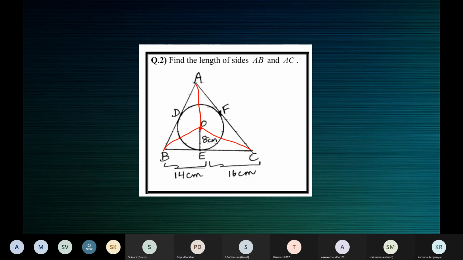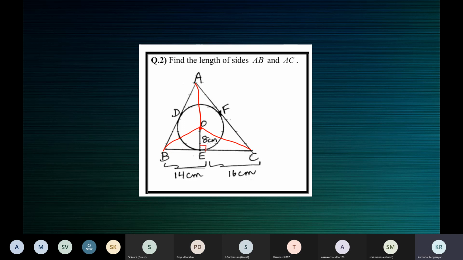OE, ma'am. But it's not 90 degrees. No, how can you say that it's the altitude? It's not perpendicular to BC. Then how do you say it's the altitude? Ma'am, it is the radius of the circle. Yeah, it's the radius through the point of contact.